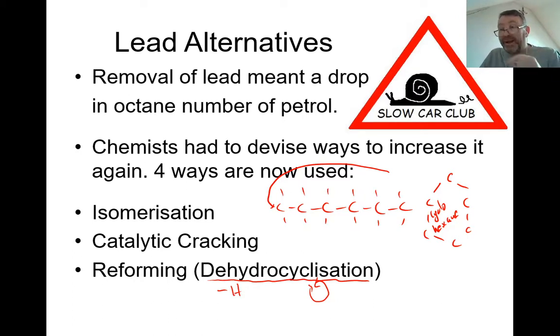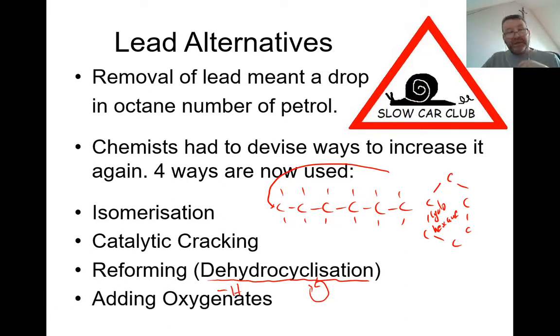It's cyclic, and cyclic structures have higher octane numbers, so in chemistry it works in order to prevent knocking. So isomerization: take it, break them off, move them around, get new structural formulas. Catalytic cracking: get a catalyst to cut the chain at specific areas, forming an alkene and an alkane. Dehydrocyclization: remove the terminal hydrogens, tie it end to end, you get a cyclic aliphatic compound.